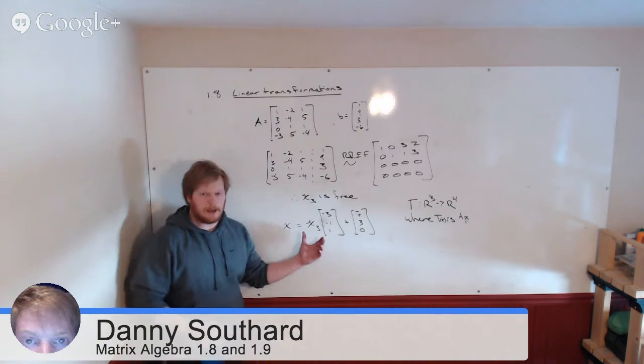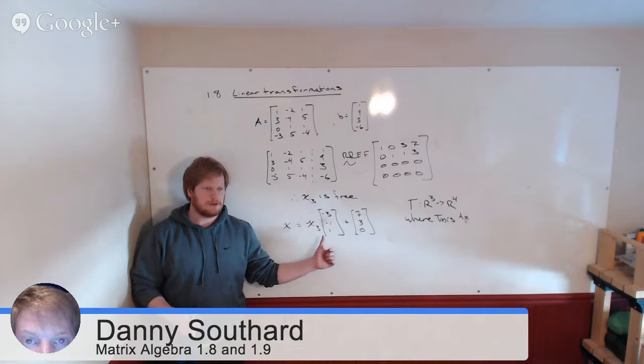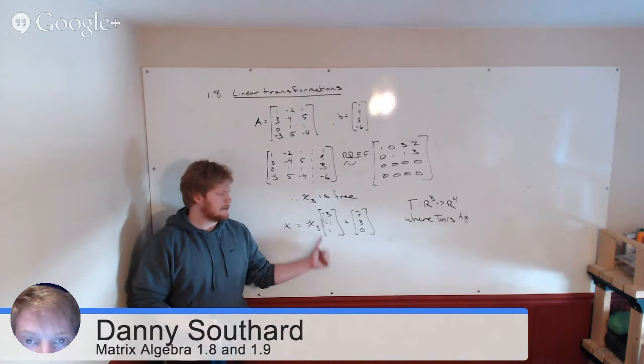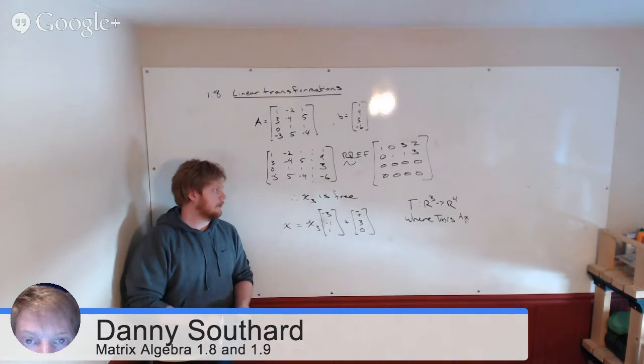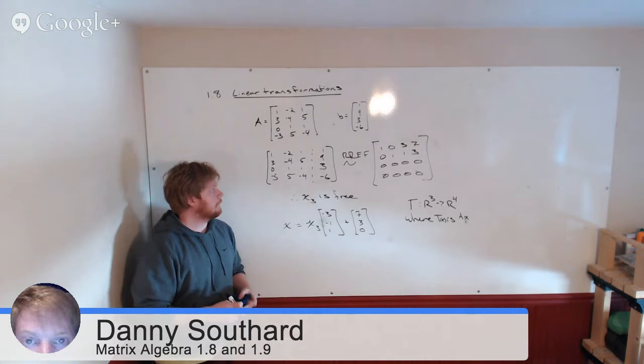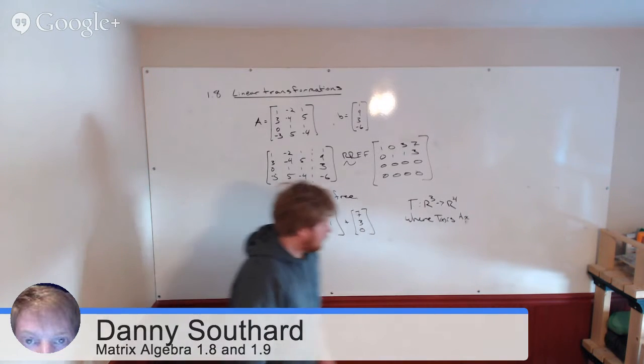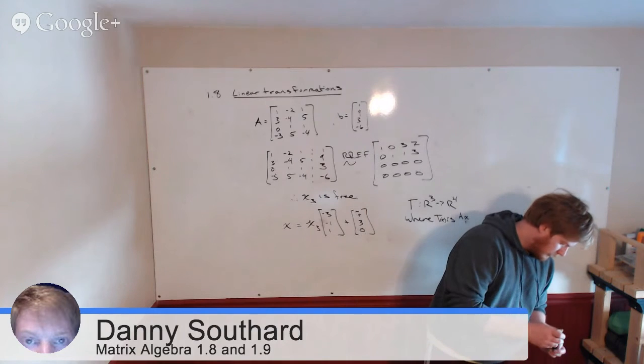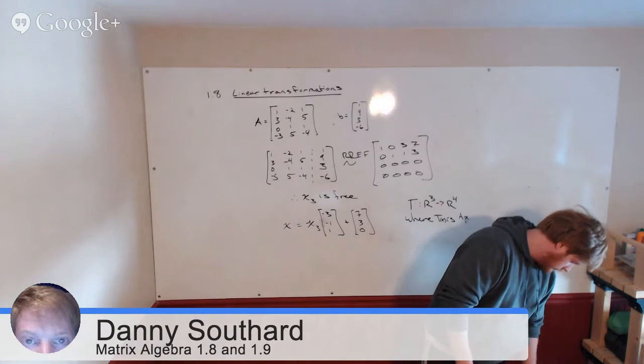Because it's okay if 2 things in the domain go to the same place in the codomain or in the range. You think about x squared as a rectilinear function.